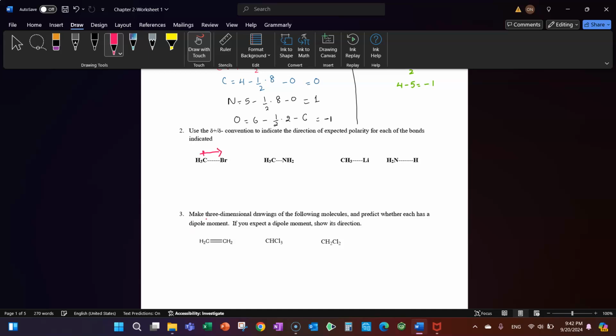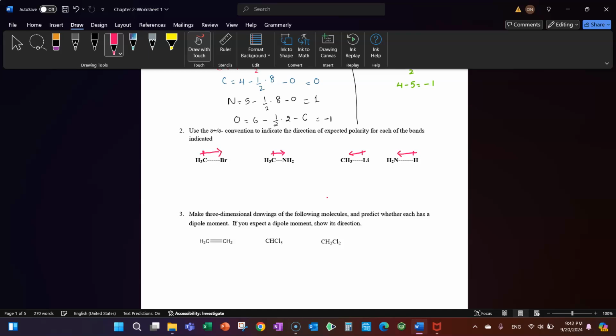So in this case it will be this way. Here it is from carbon to the nitrogen, positive to the negative. And here carbon is more electronegative than lithium, so it's going this way. Okay, it's always from the less electronegative to the more electronegative, and here again it's from hydrogen to nitrogen.